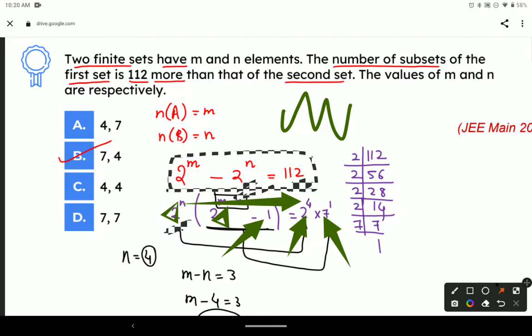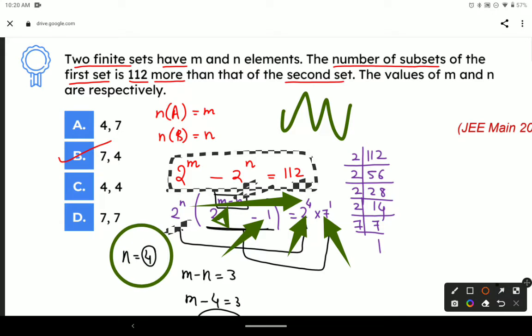See, observe carefully. n results in 4. When n results in 4, here 2 power m minus n minus 1 should result in 7, which means 2 cube minus 1 will result as 7. So m minus n should be 3. We already have the value n is equal to 4.